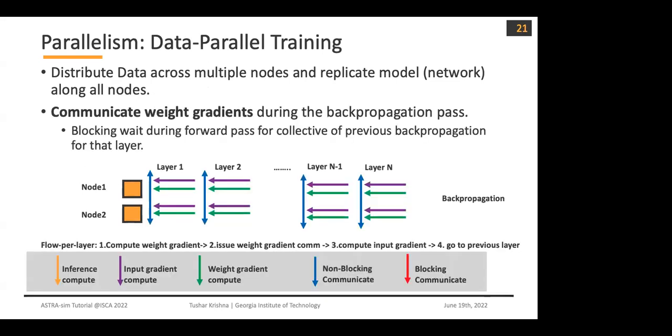But during the backward pass, since each of these is only calculating error gradients for part of the data samples, you actually need to communicate in order to update the entire model. So you have to communicate the weight gradients during the back pass, and this communication is happening in a non-blocking manner here, right? You basically communicate, go all the way here, and then start the next iteration.